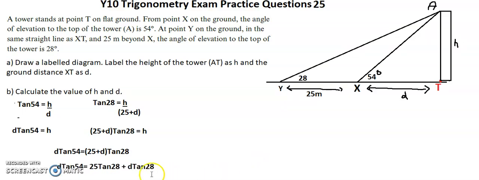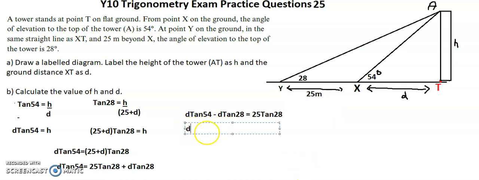Now that I've done that, I can get my Ds onto one side. So I need to take away D tan 28 from both sides. I'm left on my left-hand side with D tan 54 take away D tan 28, and that is equal to what's left over, which is 25 tan 28.